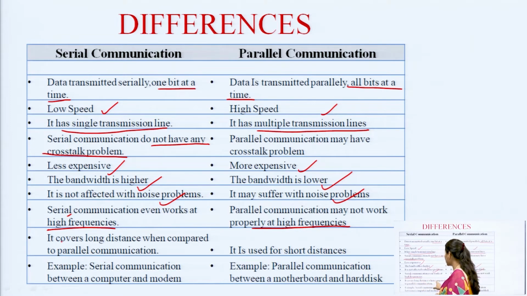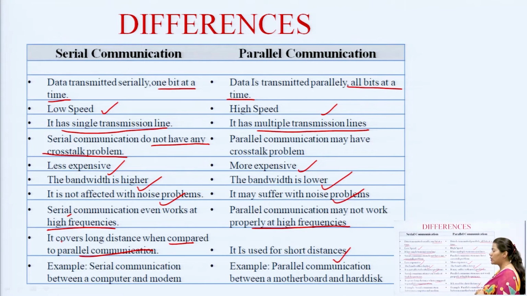Serial covers long distance when compared to parallel communication, which covers short distance. Covering short distance in parallel transmission has two reasons. First, since parallel communication uses more wires, if we cover long distance using the parallel scheme, the hardware will increase and it will add to the cost.